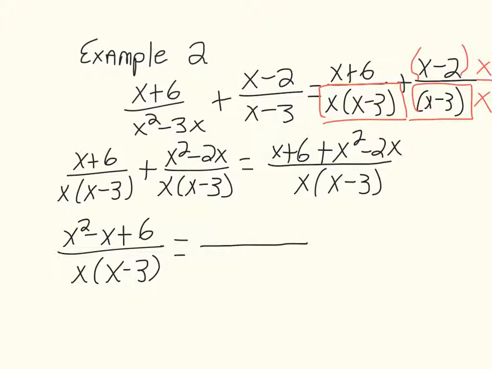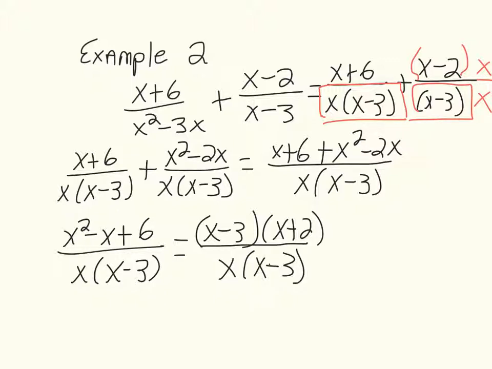Factor your numerator just to see if anything can be reduced. This factors into x minus 3 times x plus 2 over x times x minus 3. Now again, we have a factor of x minus 3 in the numerator, a factor of x minus 3 in the denominator. So this ends up simplifying into x plus 2 over x.